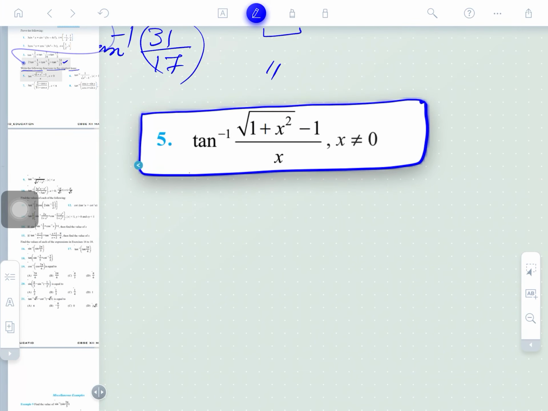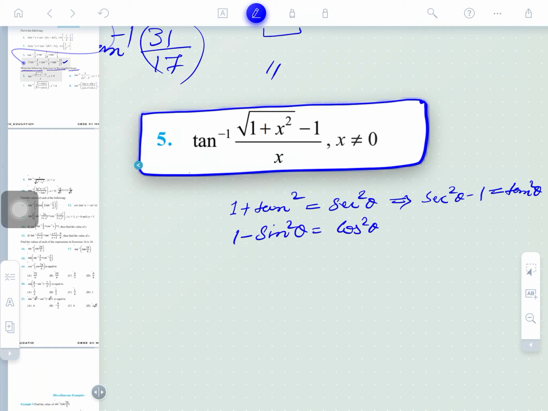Obviously, simplest form. So, I told you this pattern, the basic identities studied in the 10th class. 1 plus tan square theta is equal to sec square theta, or also sec square theta minus 1 is equal to tan square theta, and 1 minus sin square theta is equal to cos square theta, and 1 minus cos square theta is equal to sin square theta, and similarly cosec square theta minus 1 is cot square theta, and similarly more.